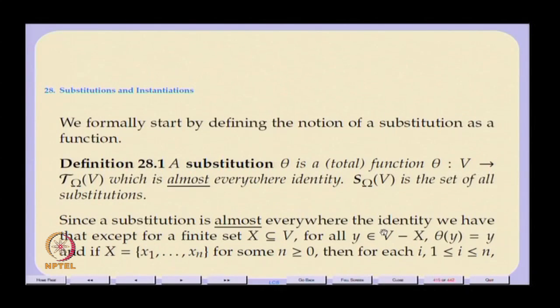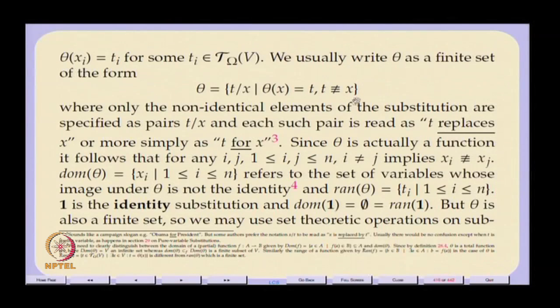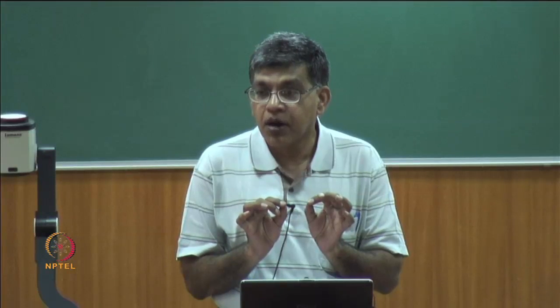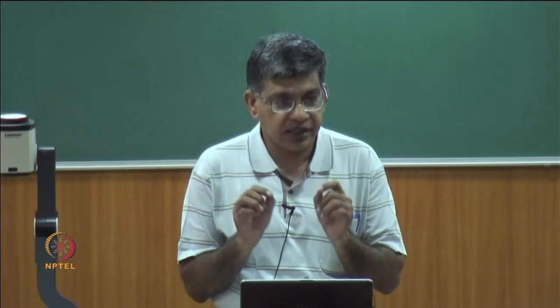You should not confuse this DOM. Omega is the signature. I use this small DOM to denote only those variables which are being replaced by other terms other than themselves.